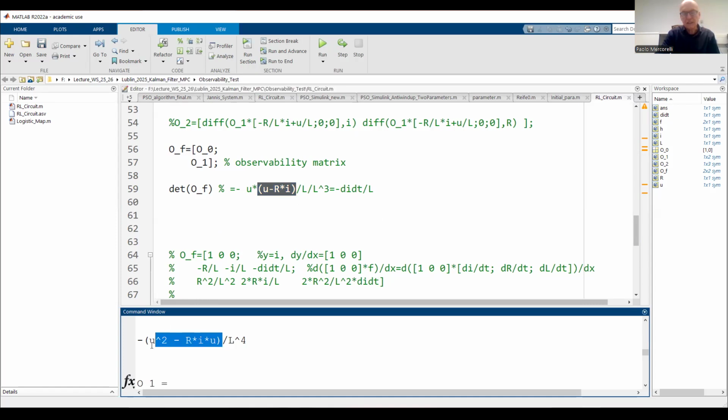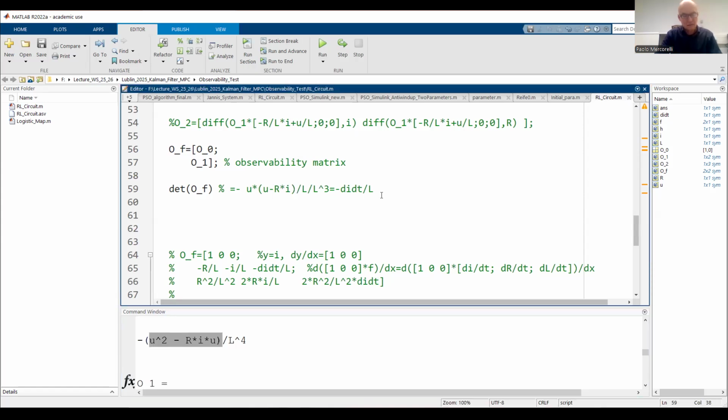If I put in evidence U from here, then I can write L up to 4 divided by L up to 3. Excuse me for the error. Now it's correct, no? Why that? I forgot again this U. No, excuse me, it was okay.